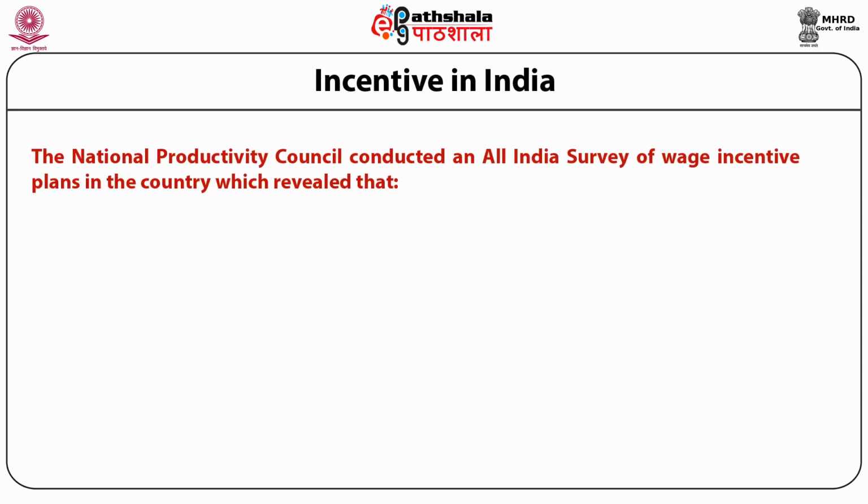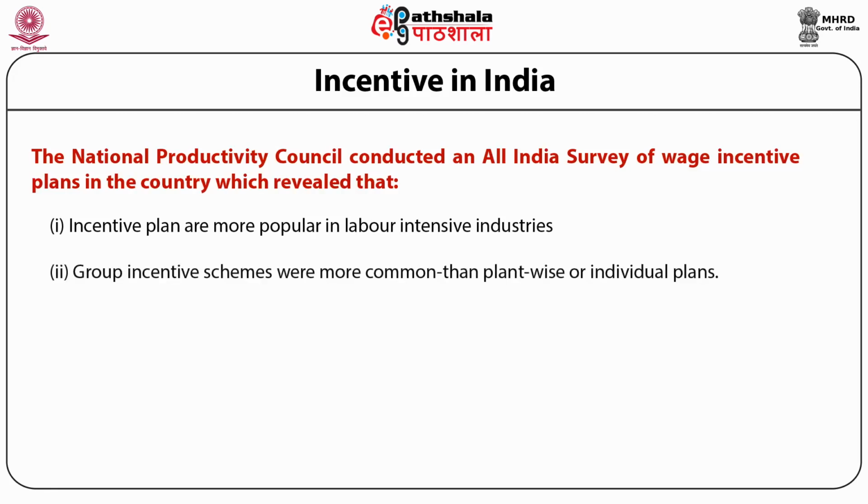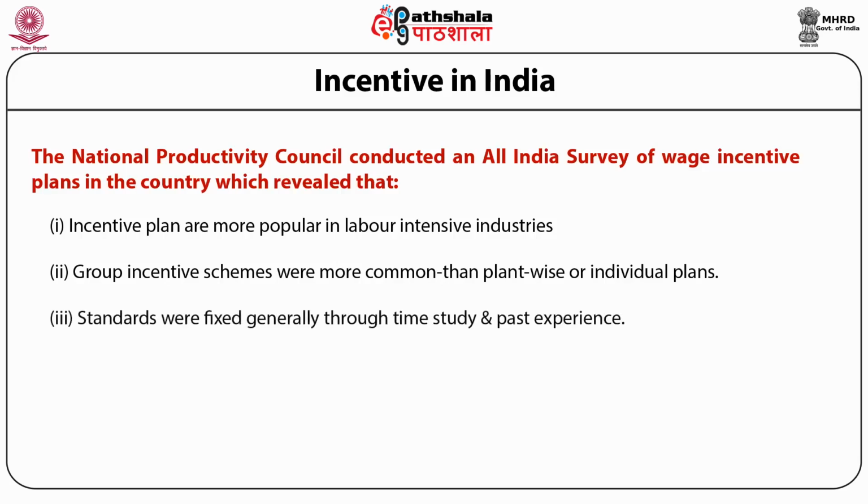The National Productivity Council conducted an All India survey of wage incentive plans in the country which revealed that, first, incentive plans are more popular in labor-intensive industries. Second, group incentive schemes were more common than plant-wide or individual plans. Third, standards were fixed generally through time study and past experience.